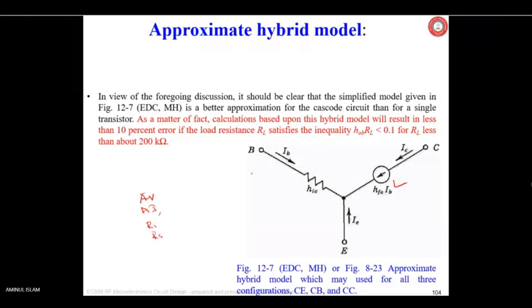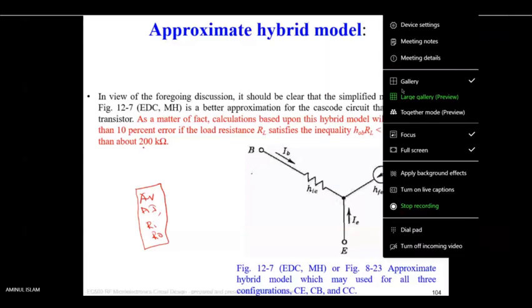Instead of going through the detailed calculation that we did in the previous lectures, where we calculated the various values of current gain, voltage gain, input resistance, and output resistance, there is a condition. The load resistance RL satisfies the inequality HOE RL less than 0.1, or RL less than about 200 kilo ohm.